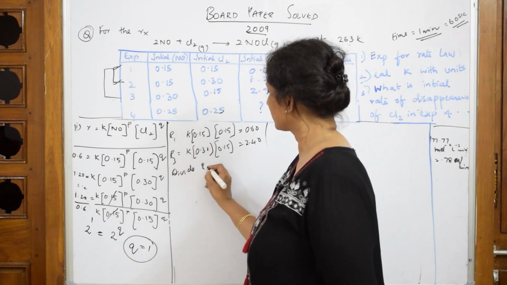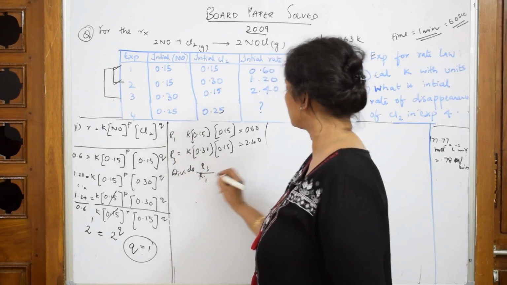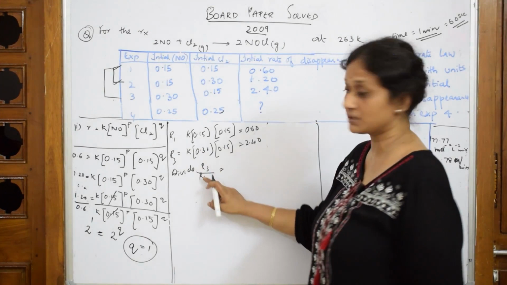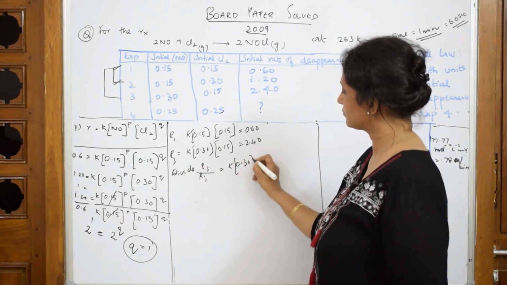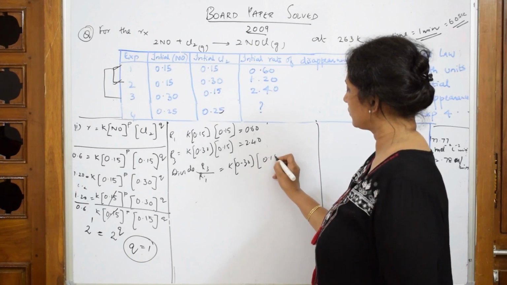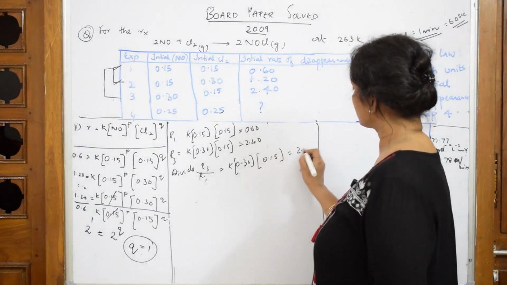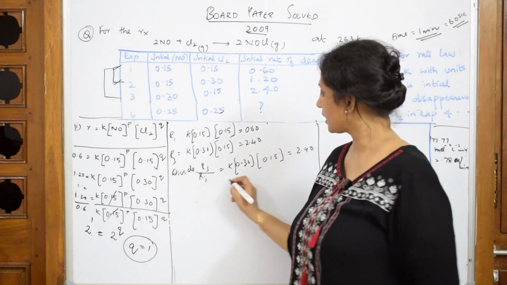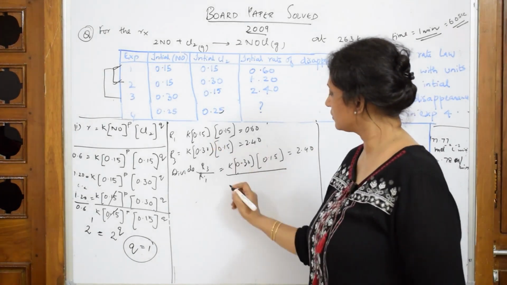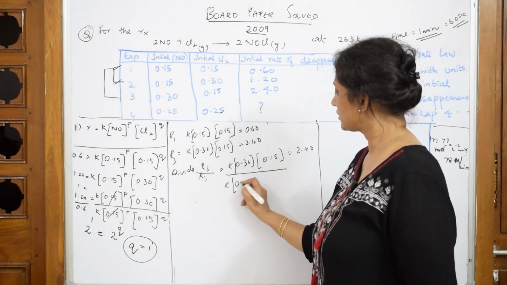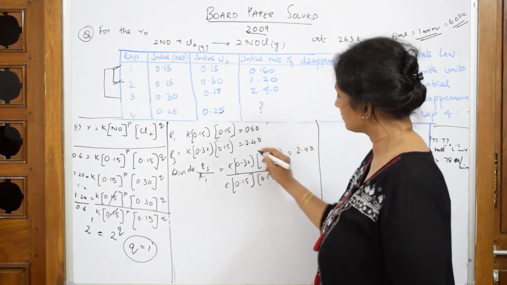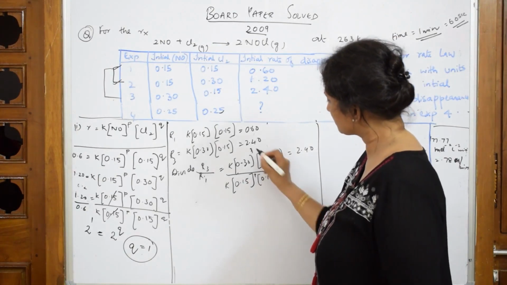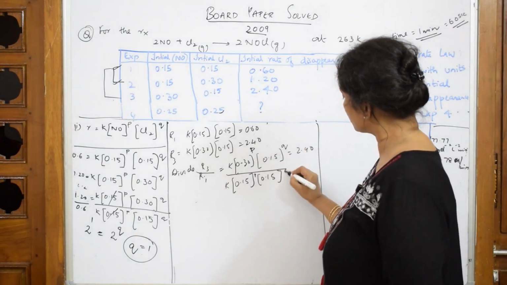Now divide R3 by R1. What do I get? K (0.30)^P (0.15)^Q divided by K (0.15)^P (0.15)^Q is equal to 2.4 by 0.6. Please try to mention the coefficients: this is the P coefficient, this is the Q coefficient.